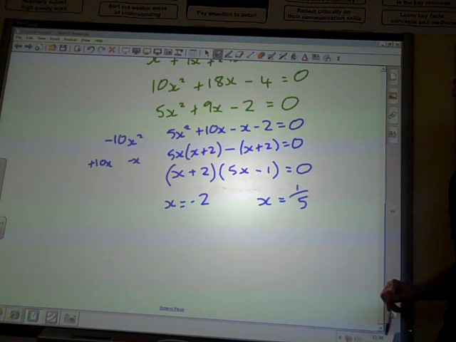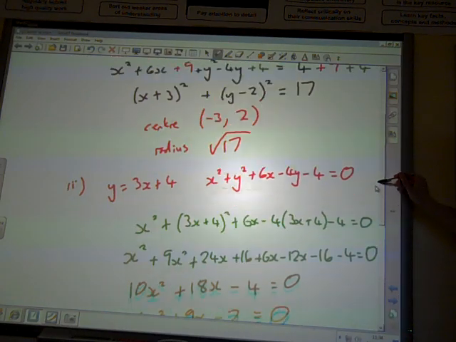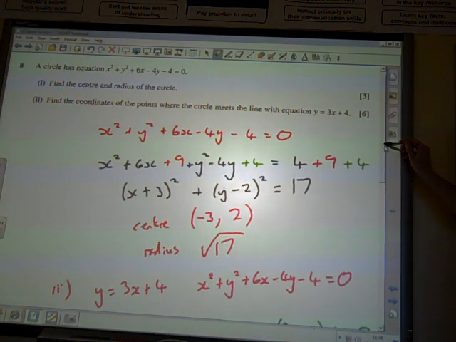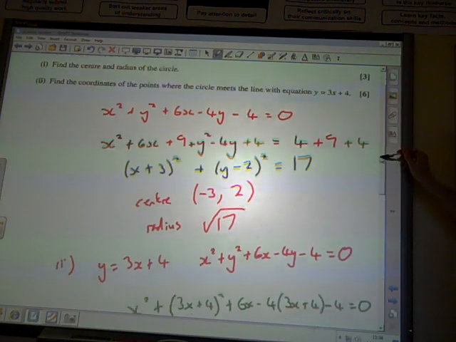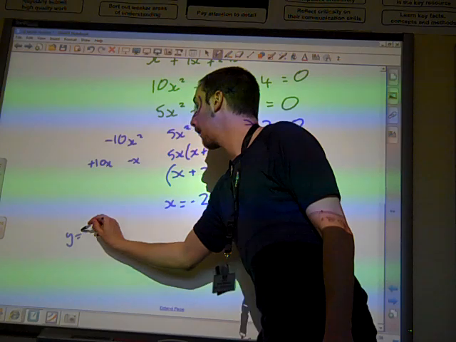And it did say, didn't it, coordinates that we had to find? Find the coordinates of the points where the circle meets the line. So y was 3x plus 4, we're going to go back to that.